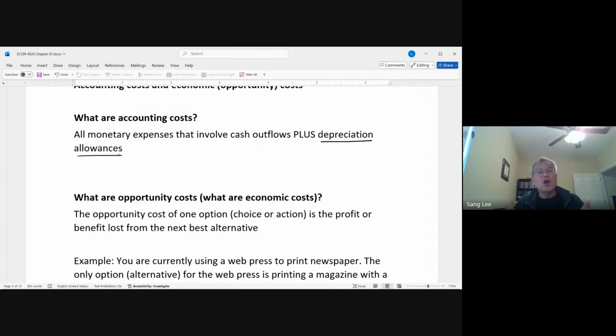Okay. Then opportunity cost. Now try to remember the example that I used a minute ago. When you choose not to join the trip during the spring break, you had two concerns. The first one was actual expenses: airfare, food, lodging, and all other things.